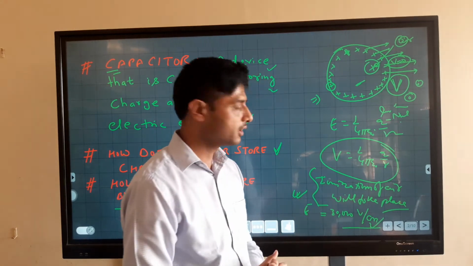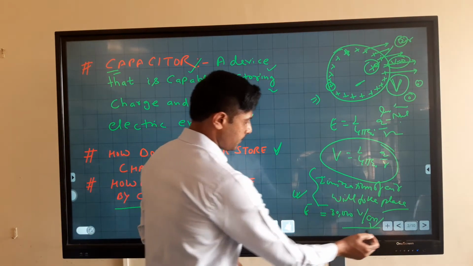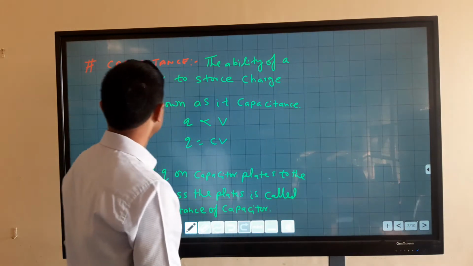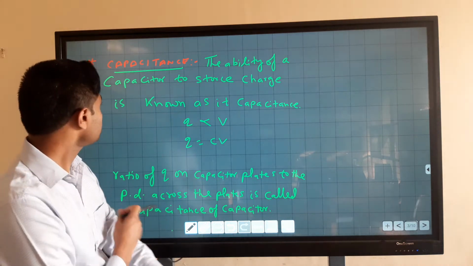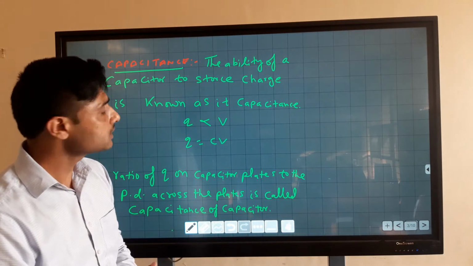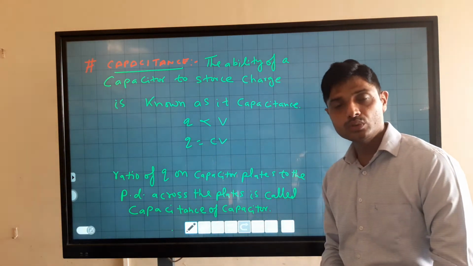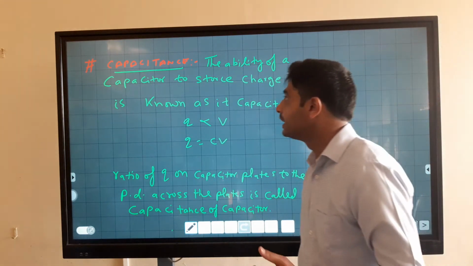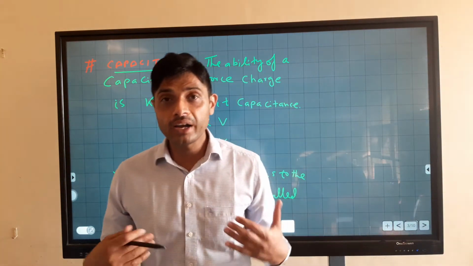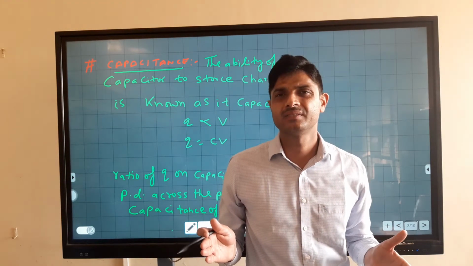Okay, I hope you understood. Now, capacitance. The ability of a capacitor to store charge is known as capacitance. Because a capacitor is a device, but capacitance is the ability.